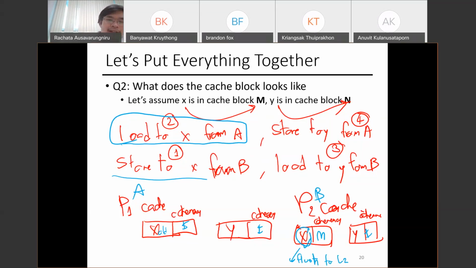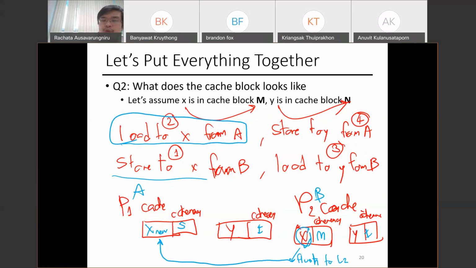Followed by, this is invalid, which means that I need to go get data from my L2. The data will move here, saying, hey, this is the most updated copy of the data. X new here, and this changes to shared.